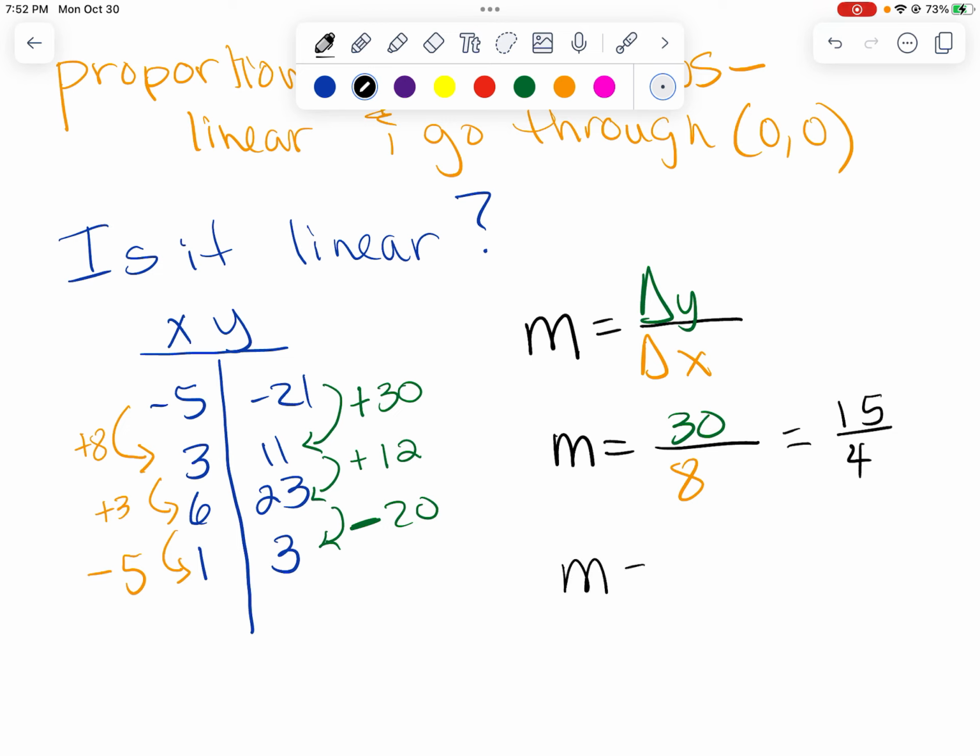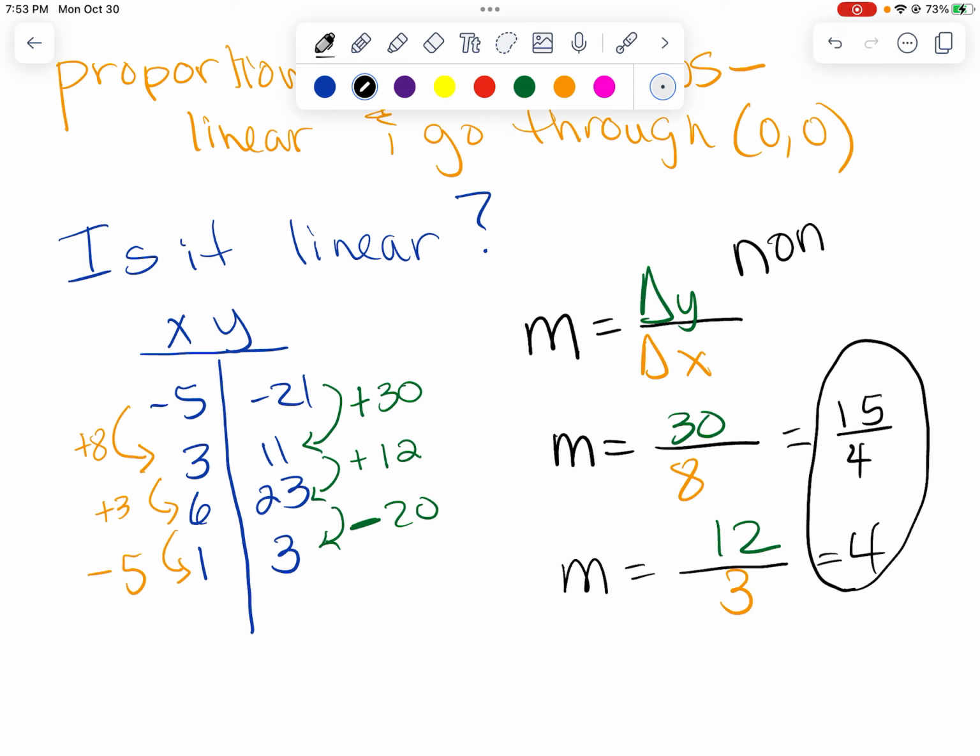If I look at this next set, then I have 12 over 3, and that simplifies down to 4. Because these two are not the same, this is nonlinear. It doesn't make a line, because the slopes are not the same. Remember we talked about if the slopes are the same, that means you have a line.